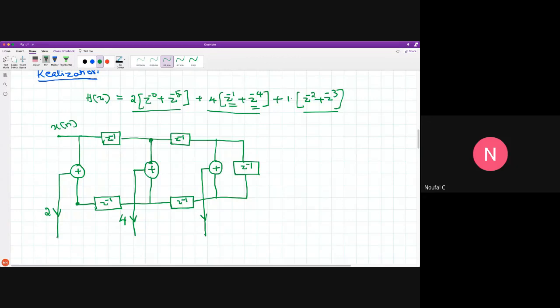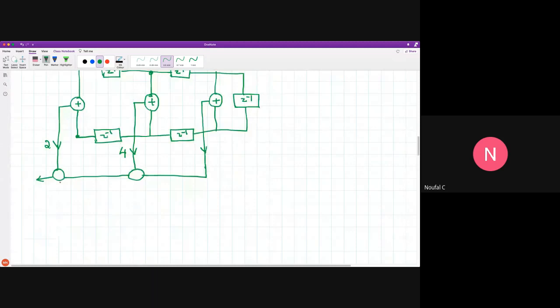Then you can add these terms. So I'm taking one at this point, another at this point, and I'm adding to this one, and this one, and here you will be obtaining the value of y of n. So you can have the value of y of n in either direction. So let me draw it over here.